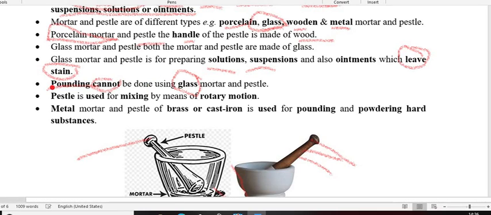So what is pounding? Pounding is the process of reducing the size of a chemical ingredient by striking on the chemical. When you are striking glass over anything, the chances of breakage occur. So that is why the glass mortar and pestle should not be used for reducing the size of chemicals by pounding.